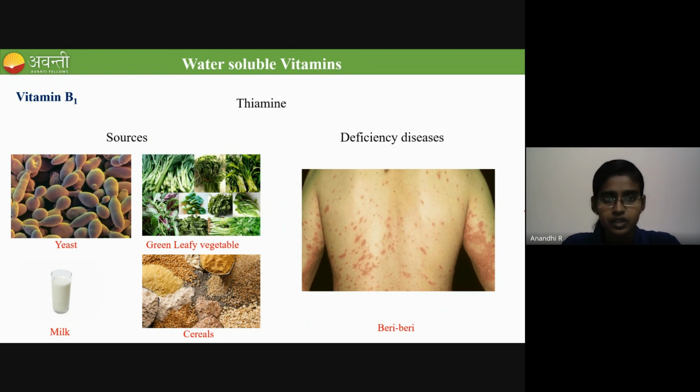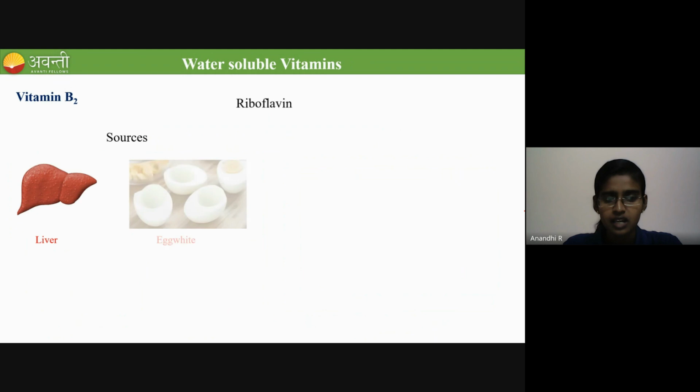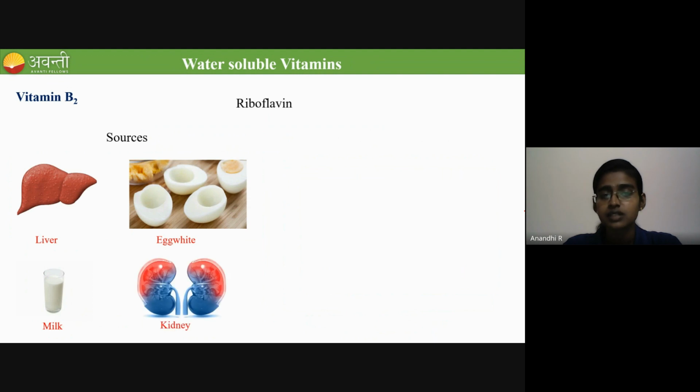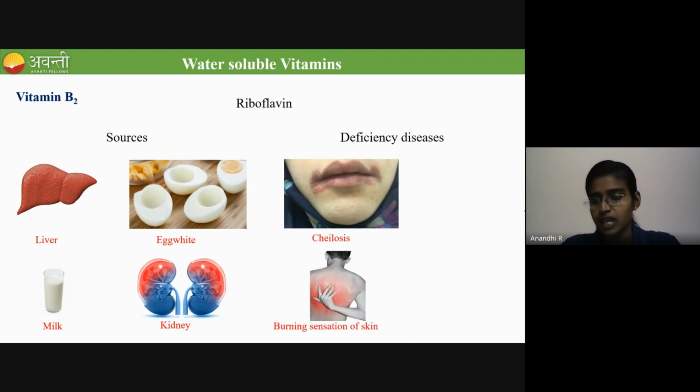Okay. Now coming to the next water soluble vitamin, which is vitamin B2, riboflavin. The sources are liver, egg white, milk, and kidney. Vitamin B2 is present in all these four, and the deficiency of this leads to cheilosis and a burning sensation of your skin.